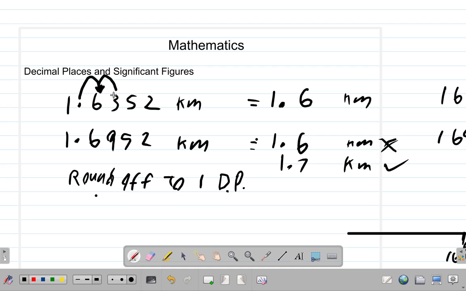If less than 5, you keep the number. 3 decimal place mean you go 1, 2, and 3. If the number to the right are 5 or more, you add 1 to this number where you're going to stop. If less than 5, you keep the number as it is, and so on and so forth. Alright, so that's the rounding off principle and decimal place.